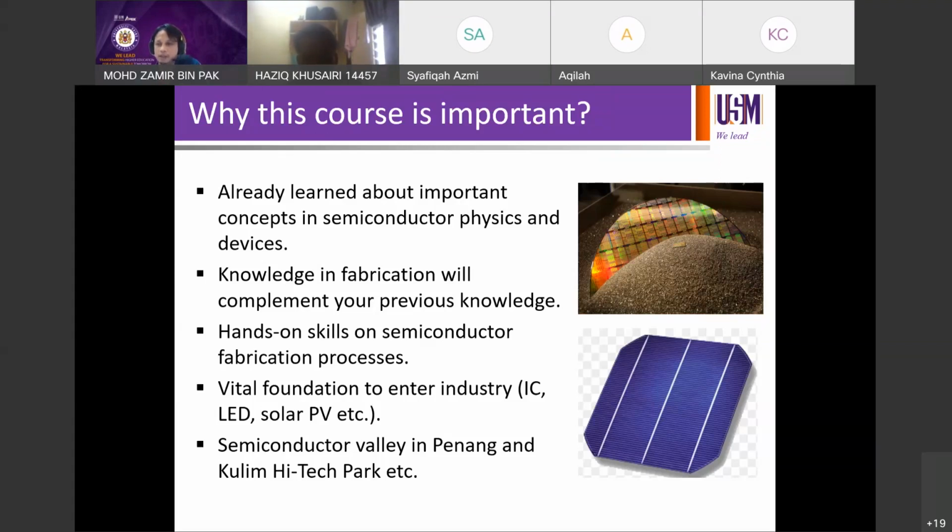And for your information, if you have a plan to work overseas, for example in Singapore, GF Singapore is now expanding, and they are investing about 4 billion USD for the next 3-4 years to expand the wafer fab in Singapore. And we just had a meeting last week with the talent acquisition team looking for USM students.